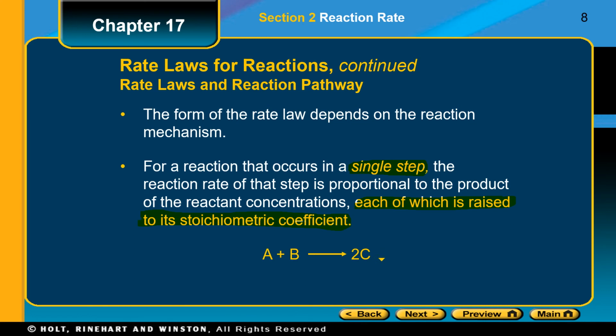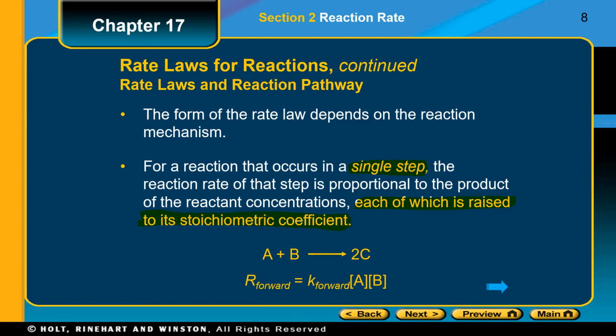In this particular one, we had A reacting with B, forming 2C, let's say. That's a little bit different than what was stated in the previous one, so it's not exactly the same example, but the two reactants are A and B, and there are no exponents in front of A or B. So the rate law, going from left to right, which we call forward, is nothing more than R equals K times the concentration of A times the concentration of B. There are no exponents.